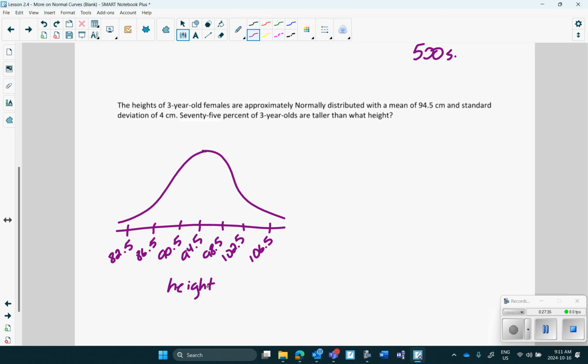Now I want to find 75% of 3-year-olds are taller than what height? So that means I want to find the value that has 75% of the area to the right. So 75%, it's going to be somewhere maybe around here. I'm not going to enter my boundary value just yet because I don't know what it is. But I know that this is 75%, and I'm trying to figure out where that height is.